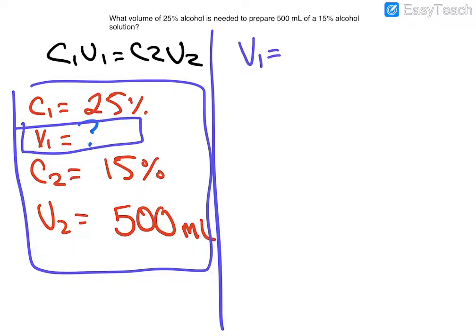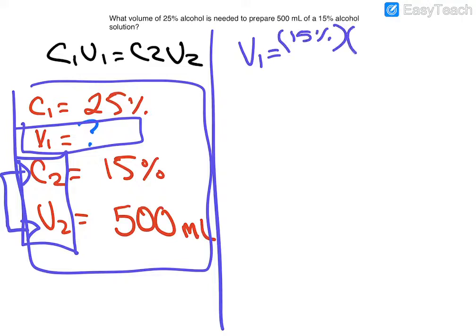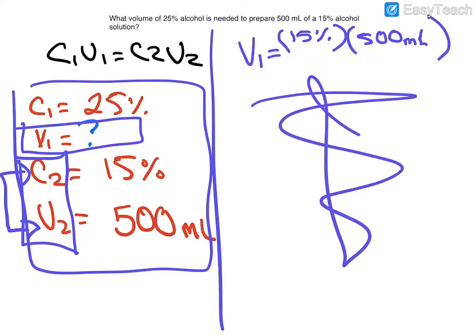So what you should do is keep the values that you already have been given together and put them at the top of your division equation for your formula. Since we have both C2 and V2, this is how you should set it up: 15% multiplied by 500 milliliters. This is your C2, and this is your V2. So keep them together. You never want to mix and match.